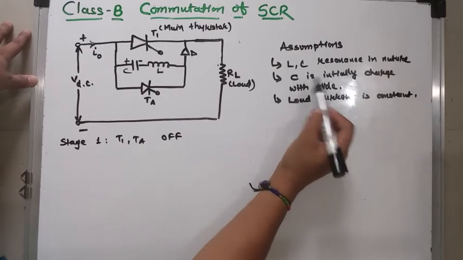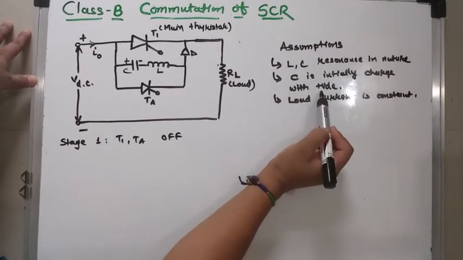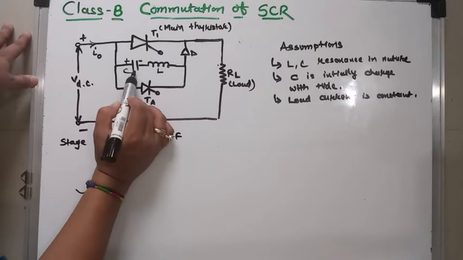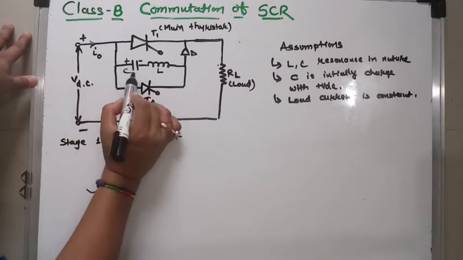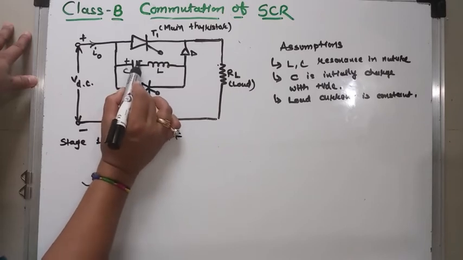We have already taken the assumption that C is initially charged with plus VDC. So the capacitor is charged fully, equal to the input voltage VDC, with this plate positive with respect to the right hand side plate.